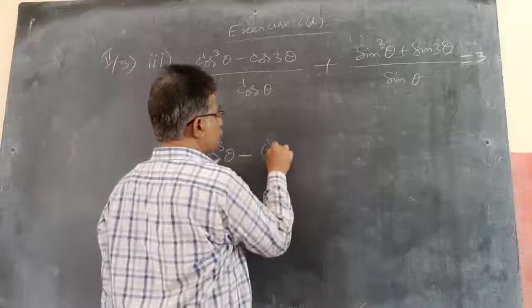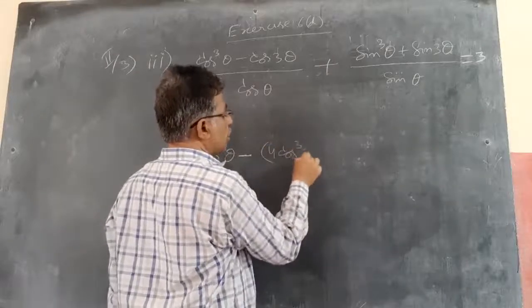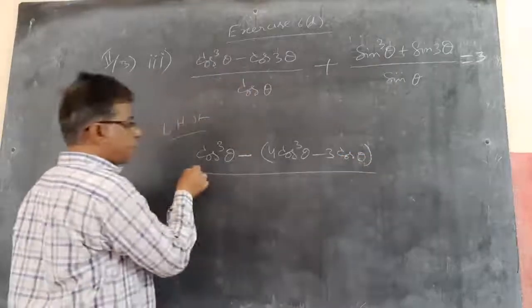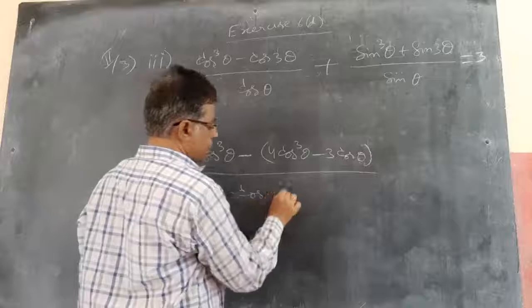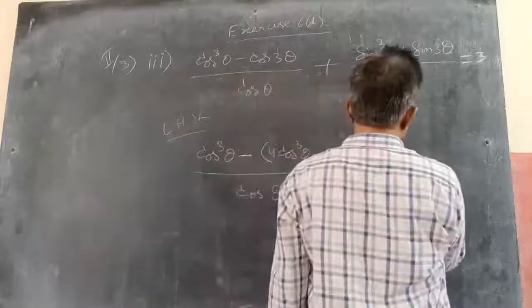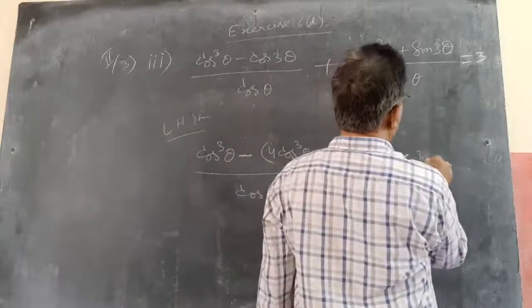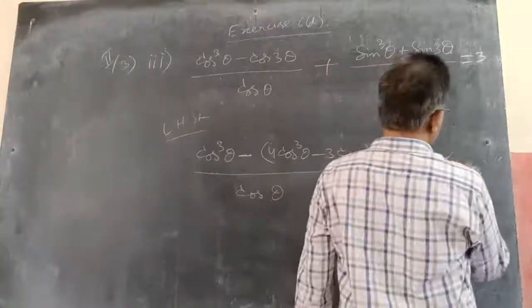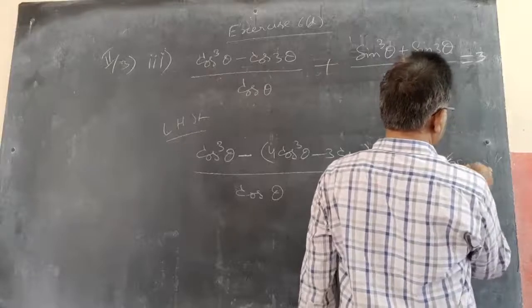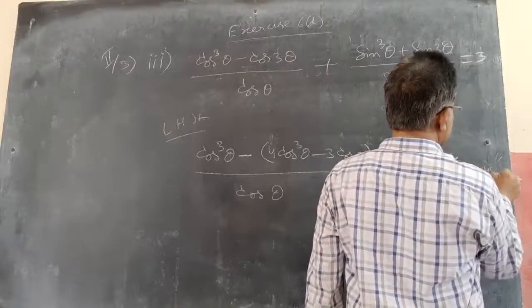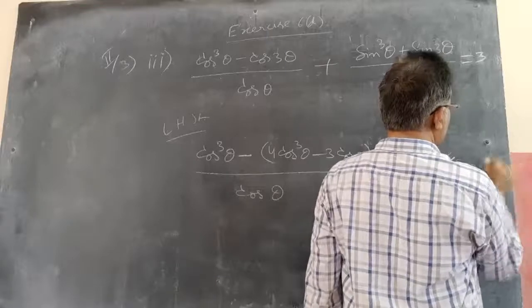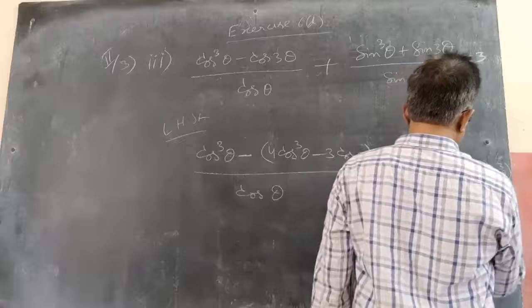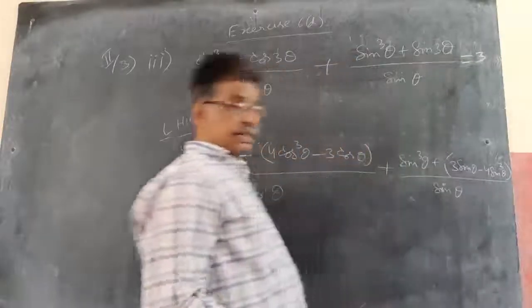What is the formula? (cos³θ − (4cos³θ − 3cosθ)) by cosθ, plus (sin³θ + sin 3θ), and for sin 3θ I can write (3sinθ − 4sin³θ), whole by sinθ.